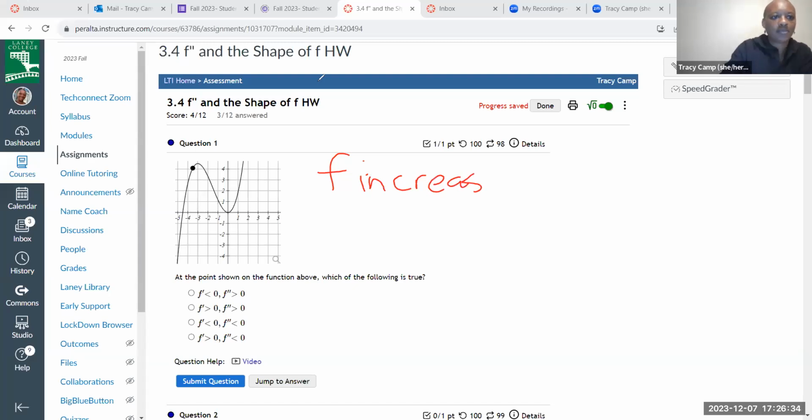I'm trying to write increasing. Actually, let me type this because, well, I don't have to explain why. Look at my writing, how messy it is. So it's better if I type this, right? So basically, if a function is increasing, that means its derivative is positive.